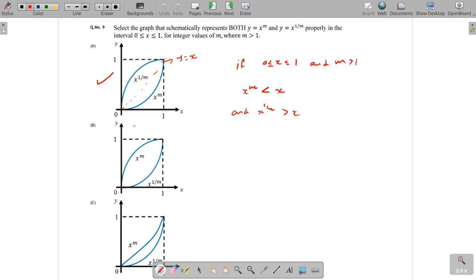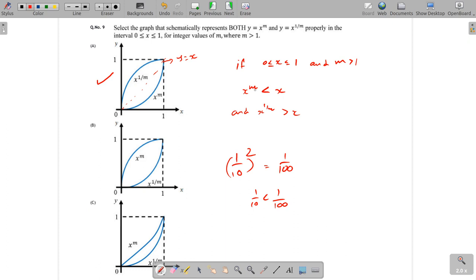If m is greater than 1, then x raised to m, it's basically like if you take a number, for example 1 by 10. If you take the square, it will be 1 by 100, which is less than what you actually had. So if you raise it to a higher power, you reduce the number.